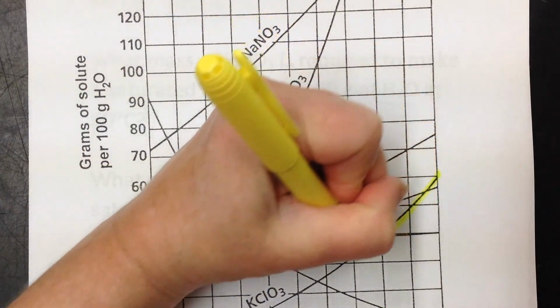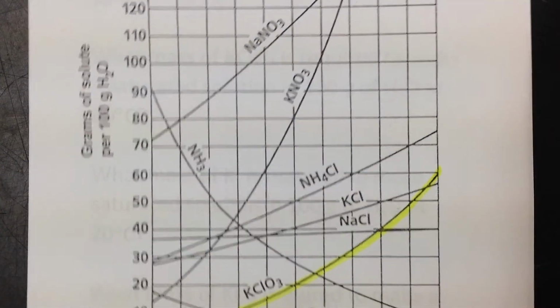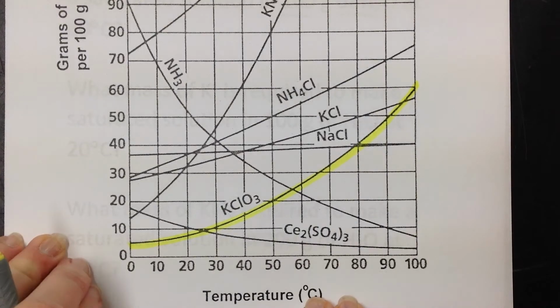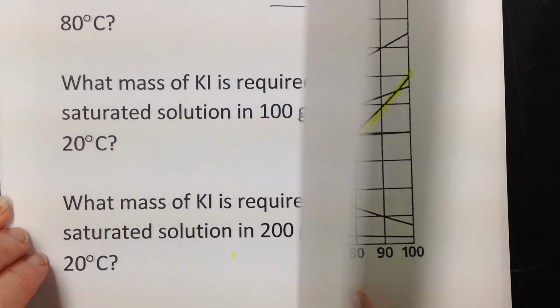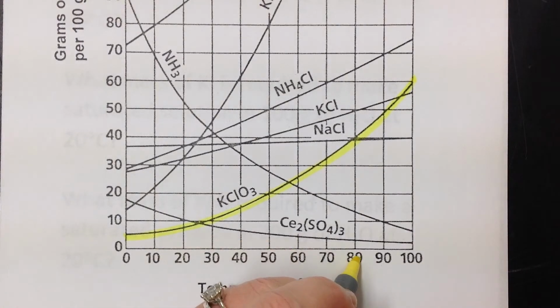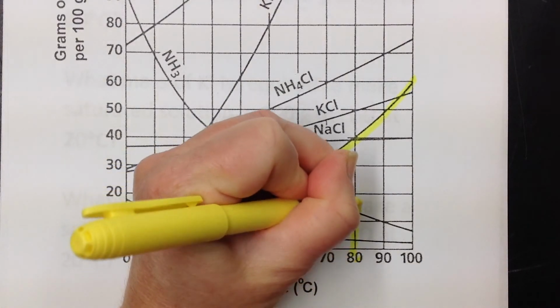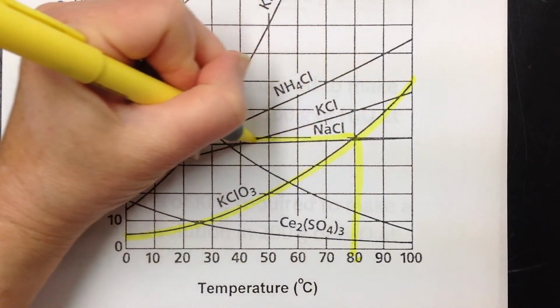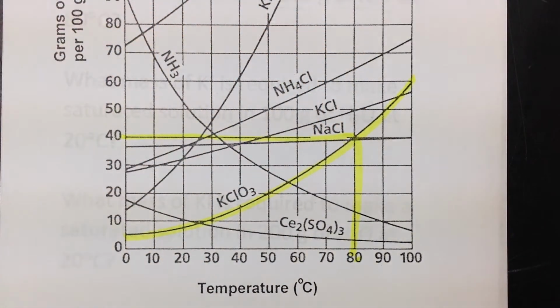So this time we're looking at this curve right here. Get that where you can see it. And we're asking about, I believe, 80 degrees Celsius. So you find 80 degrees Celsius, follow it up to your line, bring it over here to your grams of solute, and it looks like about 40 grams.